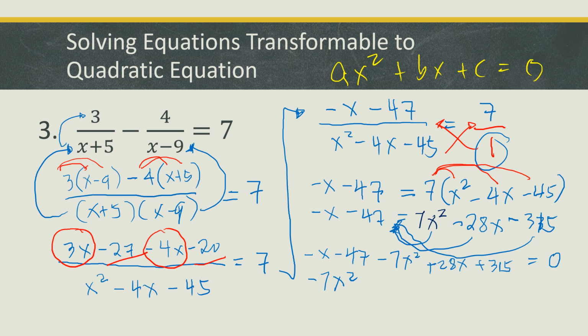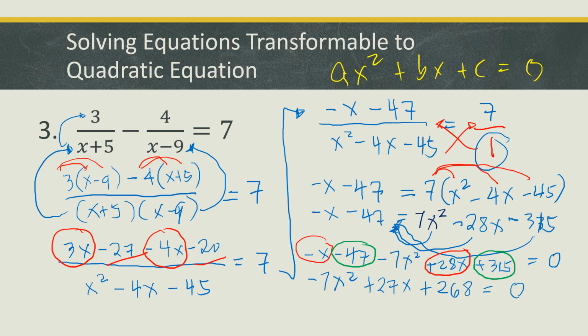Then we combine the second term, which is x, we have negative x and positive 28x. That will give us a positive 27x. And combine the last term, or the constant term, which is negative 47 and positive 315. And that will give us a positive 268 equals to 0.